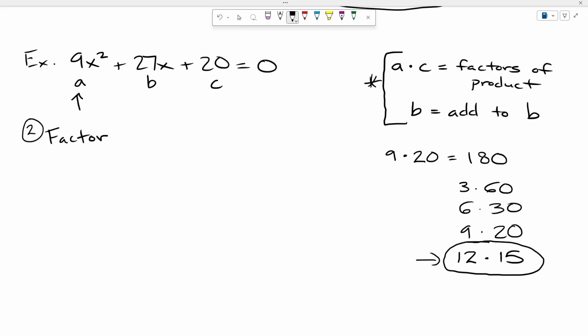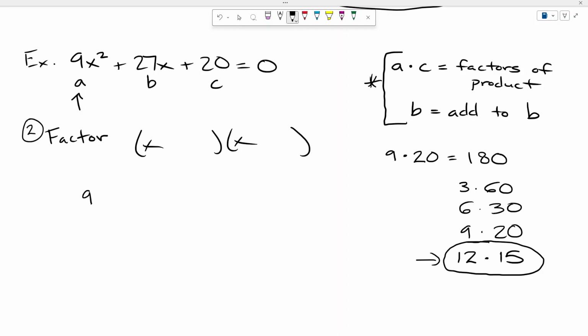Okay. And now for, again, a slight change to what we had in the first one, which is why I wanted to do one like this instead of just simply putting our parentheses down and putting an x. We have to do things slightly different because of our leading coefficient not being 1. And I think the simplest thing I find is just to split the middle term.